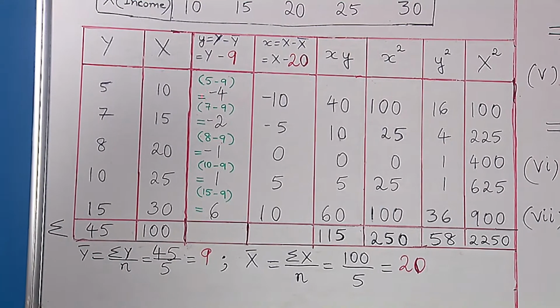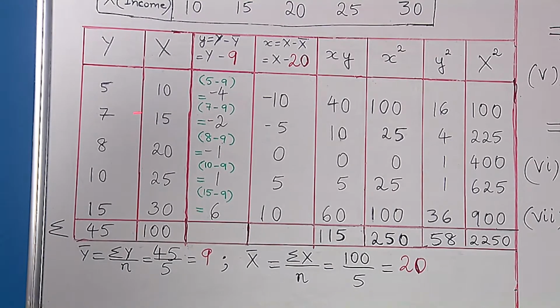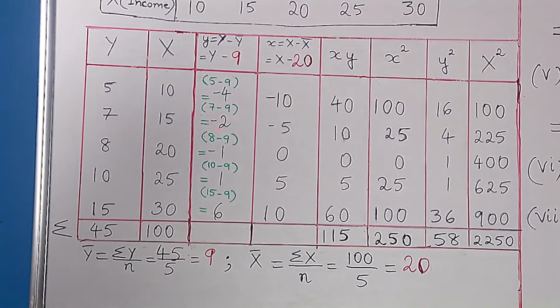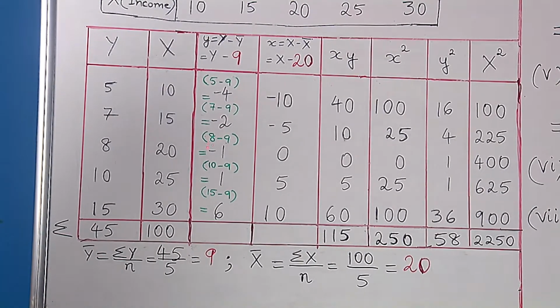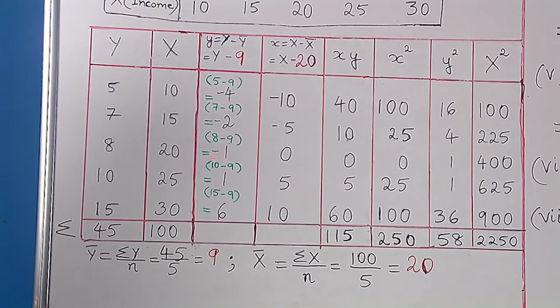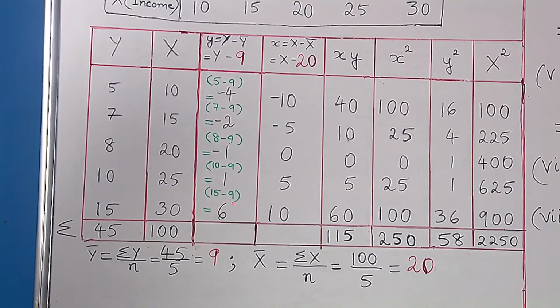The first is 5 minus 9, which gives you minus 4. Similarly, the second y is 7, so 7 minus 9 gives you minus 2. Same way we go with 8 minus 9, the next data gives you minus 1, and 10 minus 9 again gives you 1, and the last element 15 minus 9 gives you the answer 6.